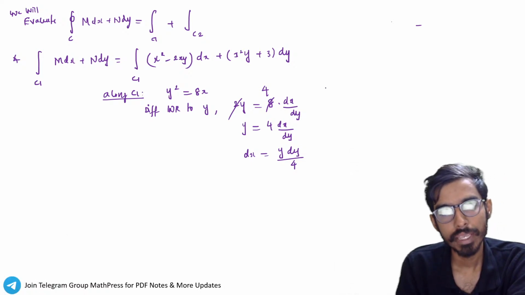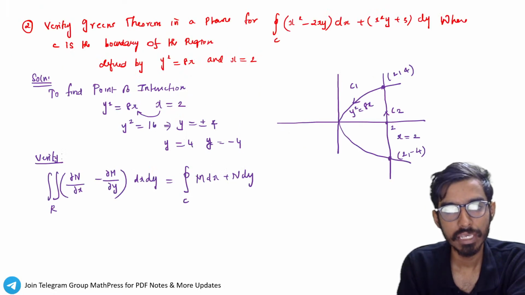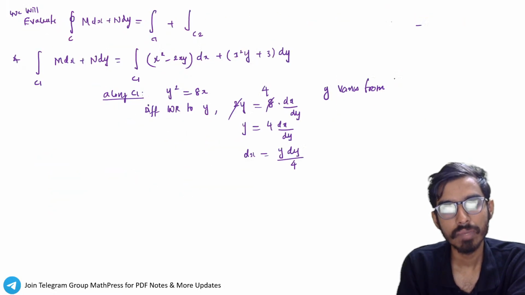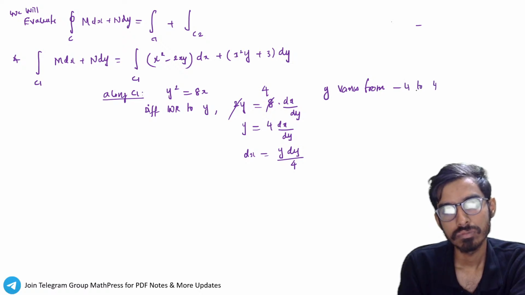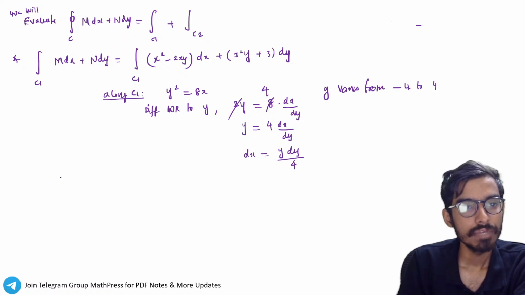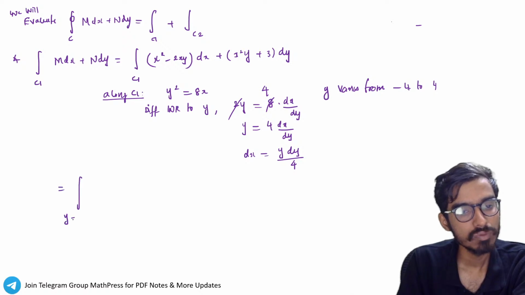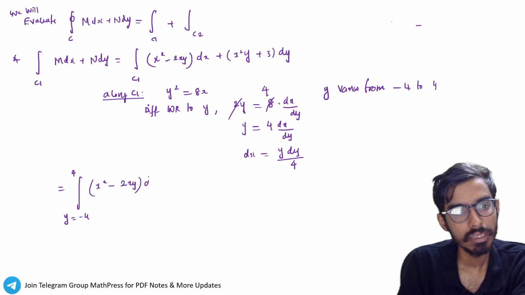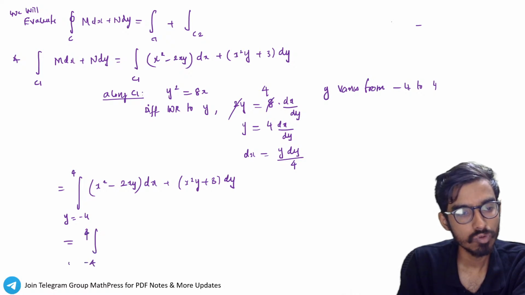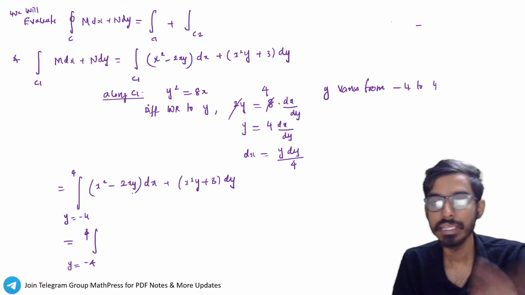So y varies from -4 to 4, you can see in this curve. So therefore, this integral will be y varying from -4 to 4 of x square minus 2xy dx plus x square y plus 3 dy. We are converting everything in terms of y, right?